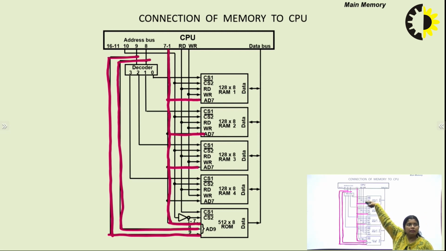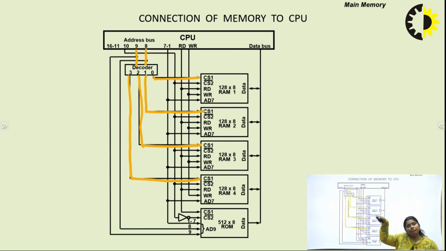That is, this RAM 1 to 7 address 7 is going, this address 7, this address 7 and this. Because for address line 9, the ROM uses a 2 to the power 9, 9 bit address bus. 1 to 7 goes here, and the 8th and 9th lines of the CPU address bus go directly to the address 9 of the ROM.